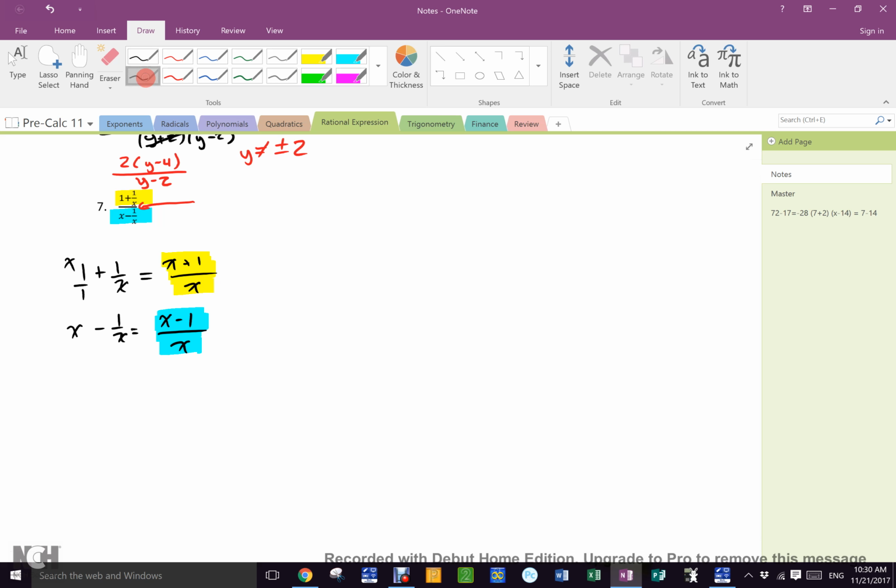So isn't this x plus 1 over x divided by x minus 1 over x? Isn't it? And what does dividing do to the second fraction? It reciprocates it.